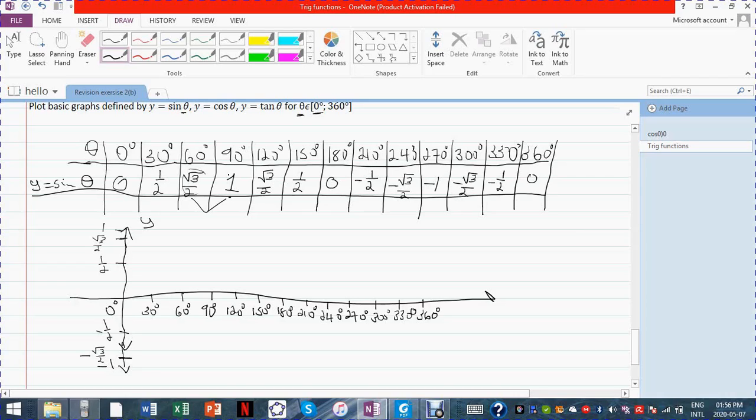So what is the sine of 0? Sine of 0 is at y equals 0, and sine of 30 is at y equals a half. So there, the point is here.